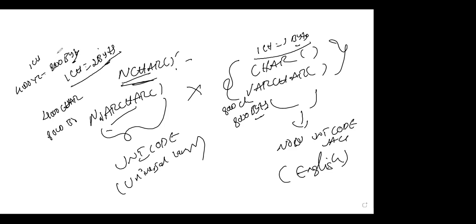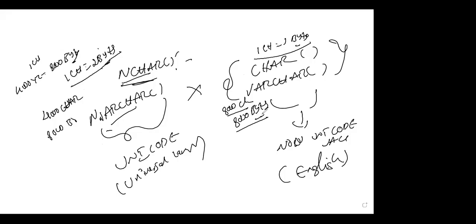Let me explain one more time. In char and varchar, 1 character is equal to 1 byte. But in nchar and nvarchar, 1 character is equal to 2 bytes. Clear till here? When it comes to storage size, it can also store 8000 bytes. With 1 character equal to 1 byte, it can store 8000 characters, which means 8000 bytes.